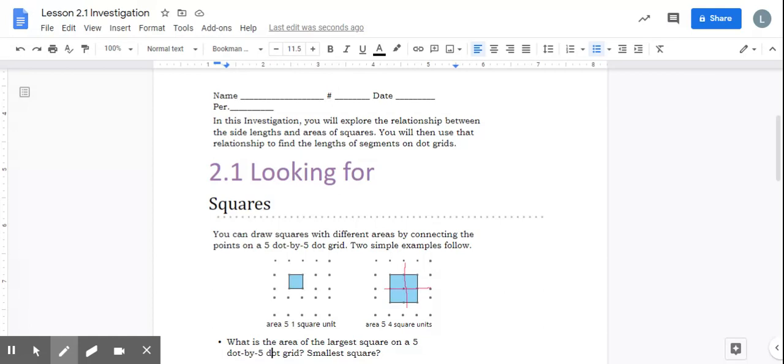So there's 1, 2, 3, 4. So that's why this is called 4 units squared. Okay, 4 square units.